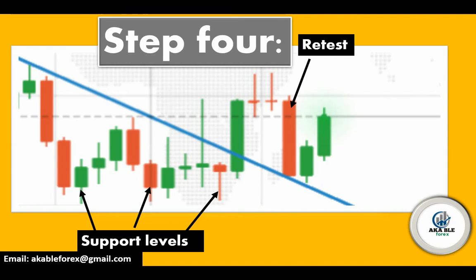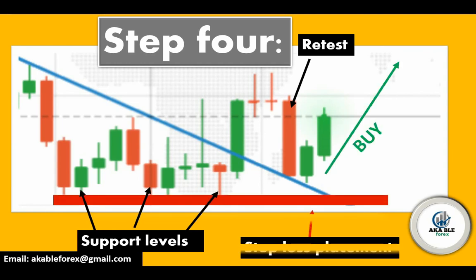Your stop loss is supposed to be placed below the support level. You can, like this, place your stop loss at this level. You can clearly see that there are 3 levels of support in this example. Use the support level to determine the stop loss.